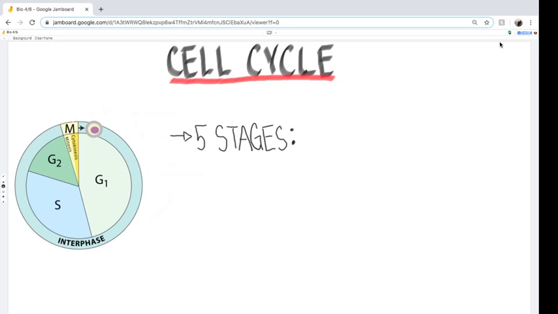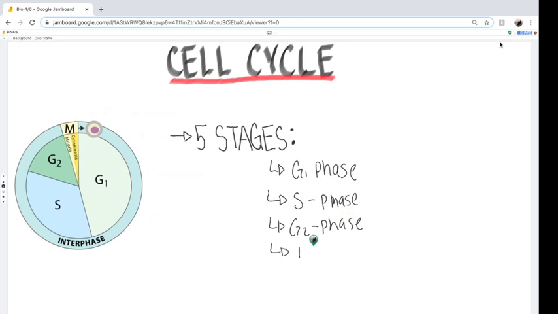So there is a G1 phase, S phase, G2 phase, mitosis, and cytokinesis.